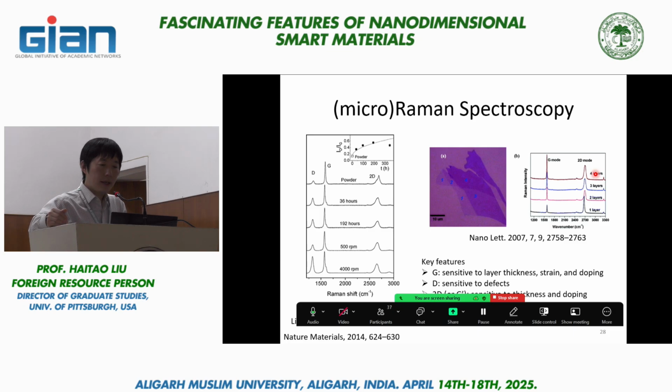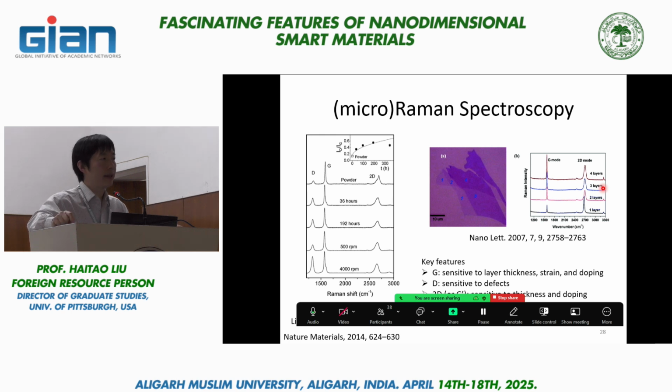This one is very sensitive to thickness as well, but it doesn't really change the intensity as a function of thickness, rather it changes the shape. So for monolayer graphene, it shows a very simple single Lorentzian line shape. But for two-layer and thicker layers, there are actually more components.